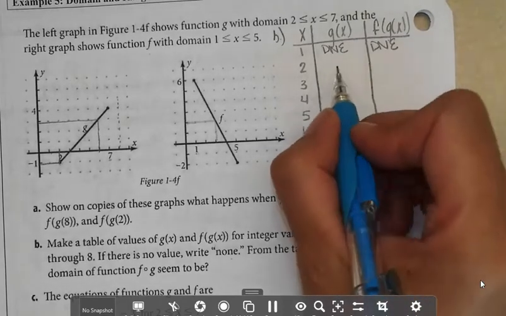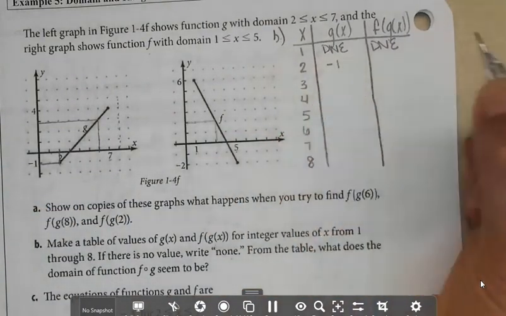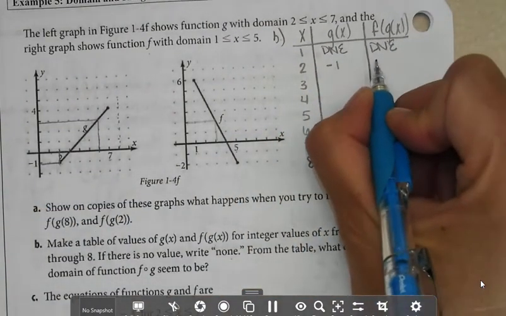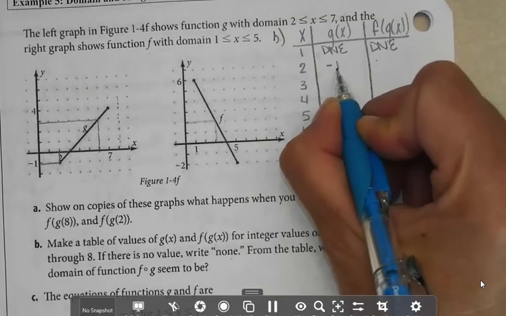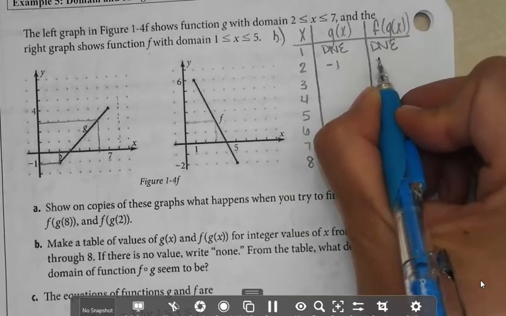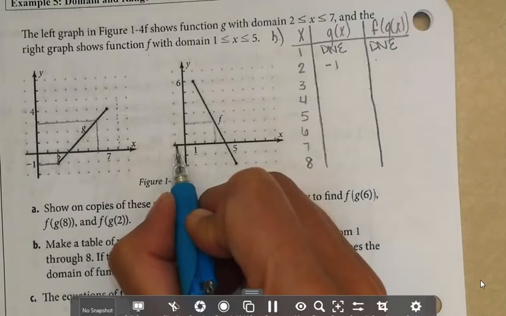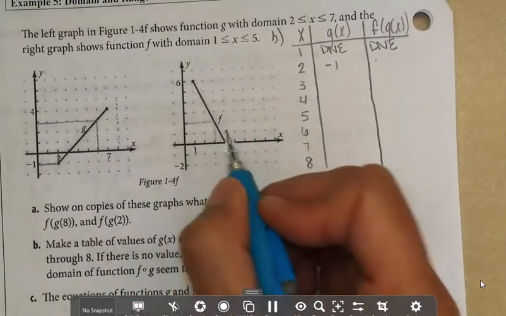All right, next one, g of 2. Well, g of 2 is negative 1. So f of negative 1 is really what I'm looking for here, because I'm going to plug that g of x into f. So f of negative 1, well, that does not exist, right? That's not in the domain of the f function.